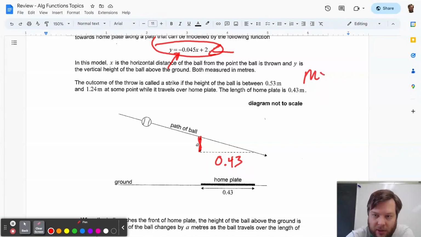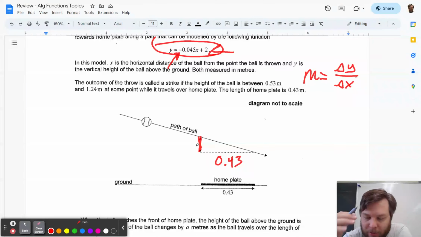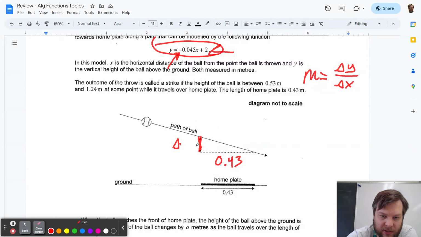So remember that the slope is always your change in y over your change in x. And you can think of that as how much does your y value change for one step to the right.